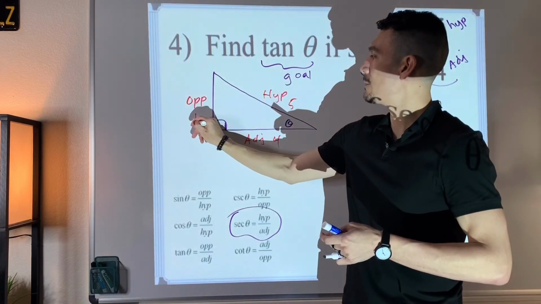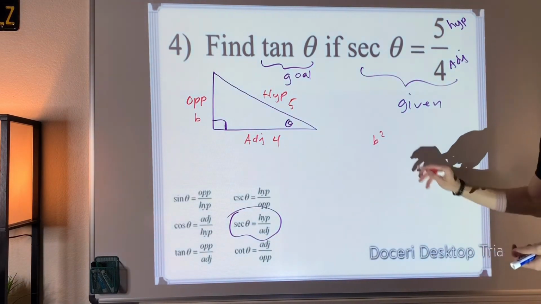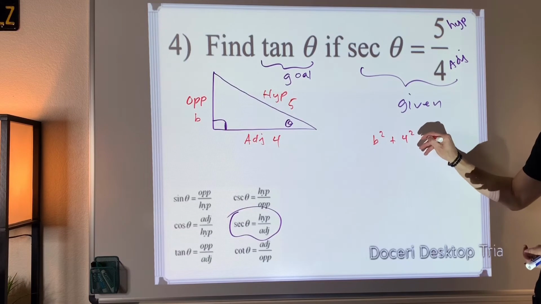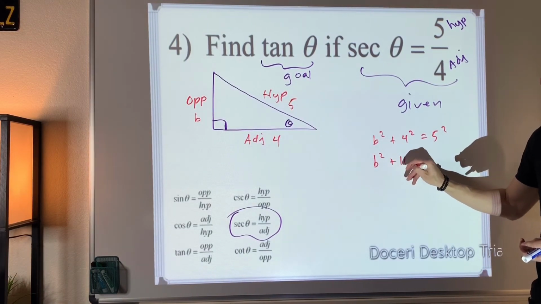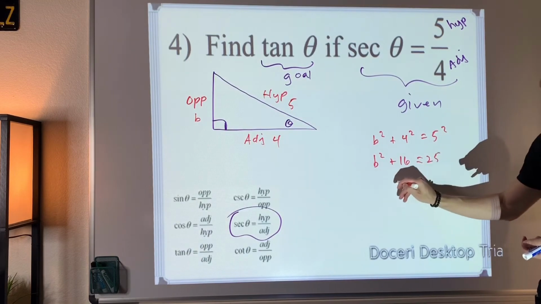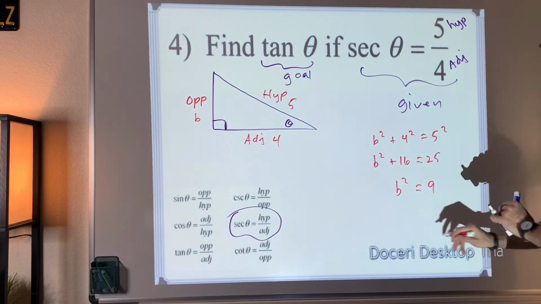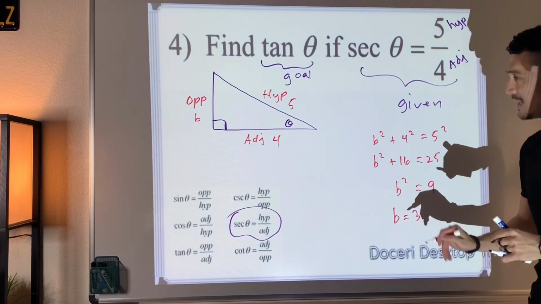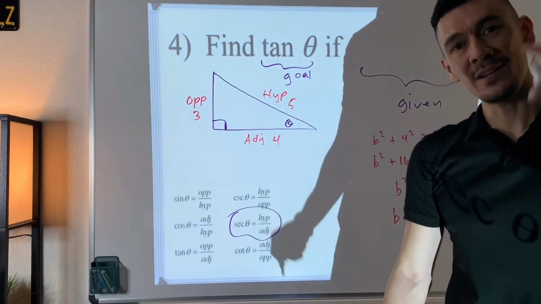Let's find the missing piece with Pythagorean theorem. Call this b, whatever. So let's do some quick scratch work. B squared plus 4 squared equals 5 squared. So b squared plus 16 is 25. Subtract 16 to get 9. Square root. B is 3. So now that you have a complete picture, finish this problem.